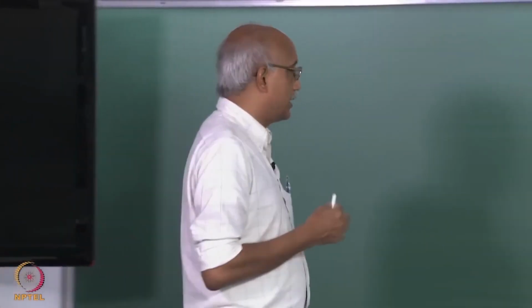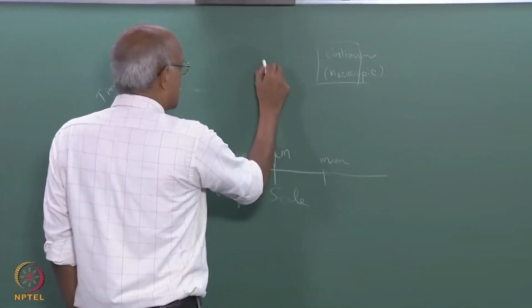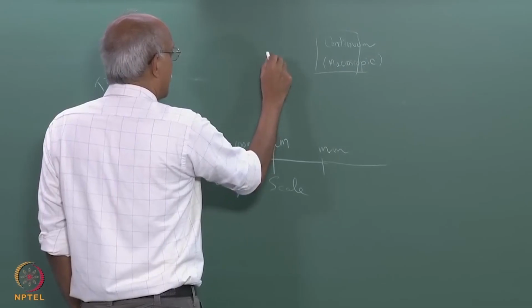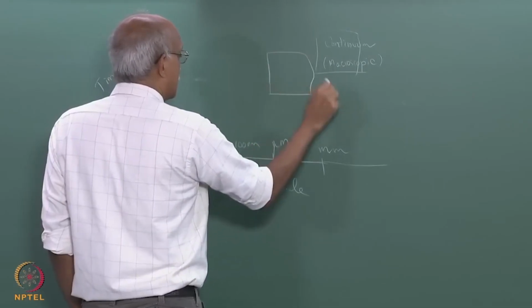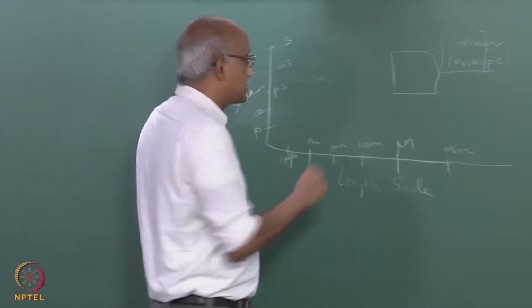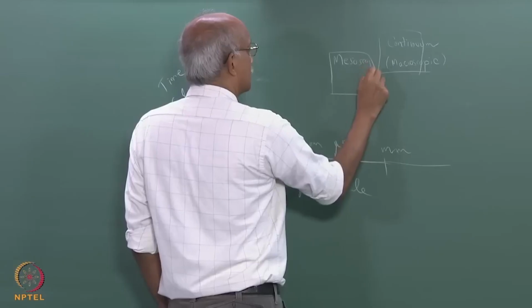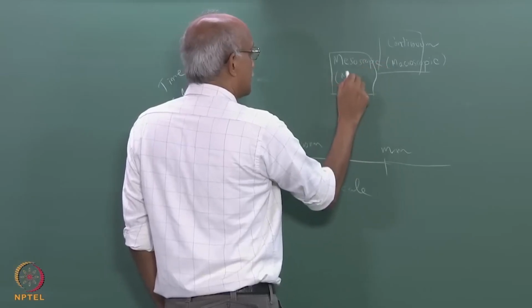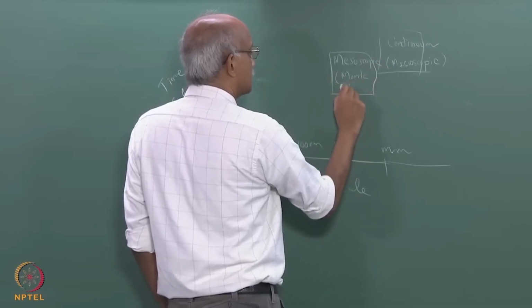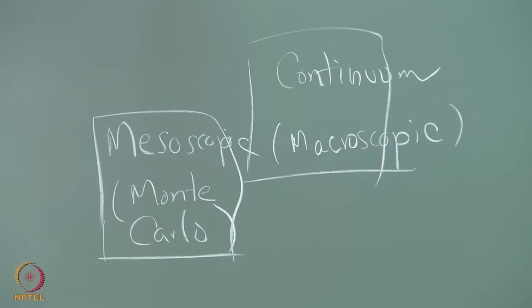Now, the second scale here, which essentially starts in the submicron region and extends till tens or hundreds of a micron, is called the mesoscopic region, also known as the Monte Carlo regime for simulation.